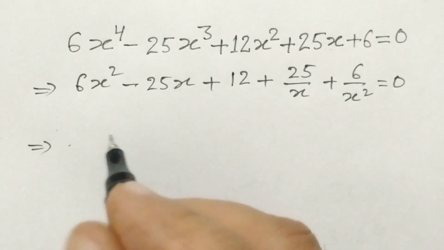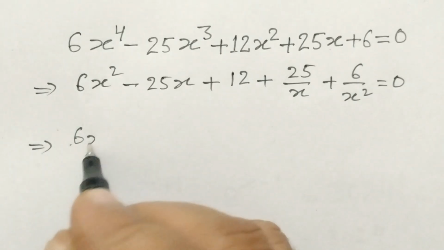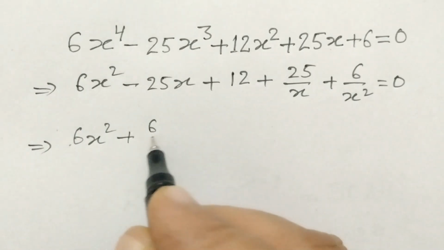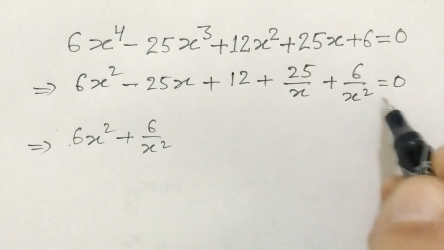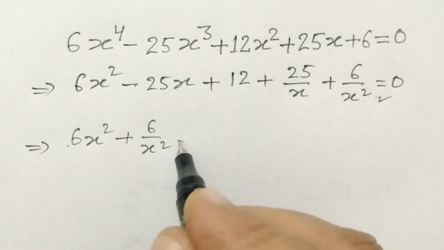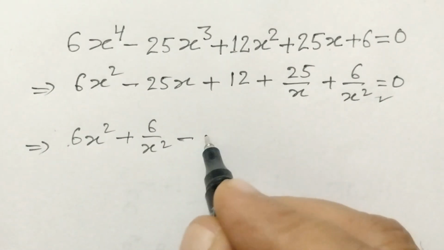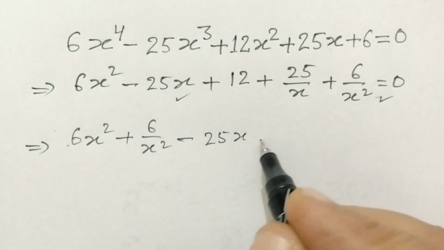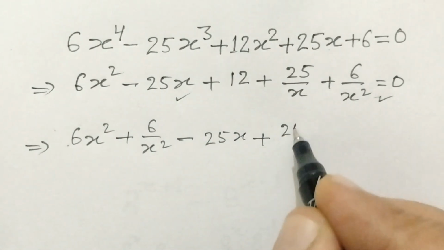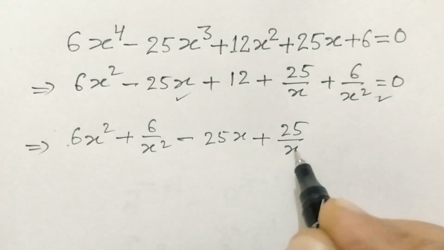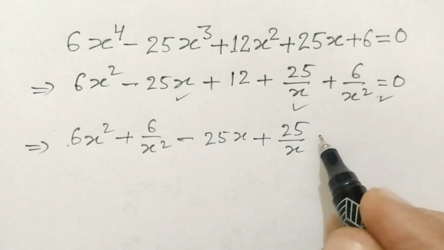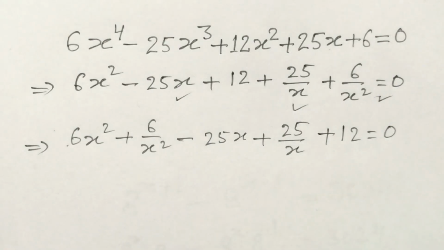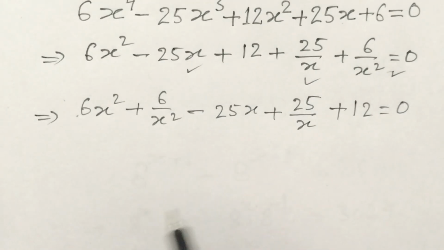If we rearrange the equation: 6x^2 + 6/x^2, minus 25x plus 25/x, plus 12 is equal to 0, right?